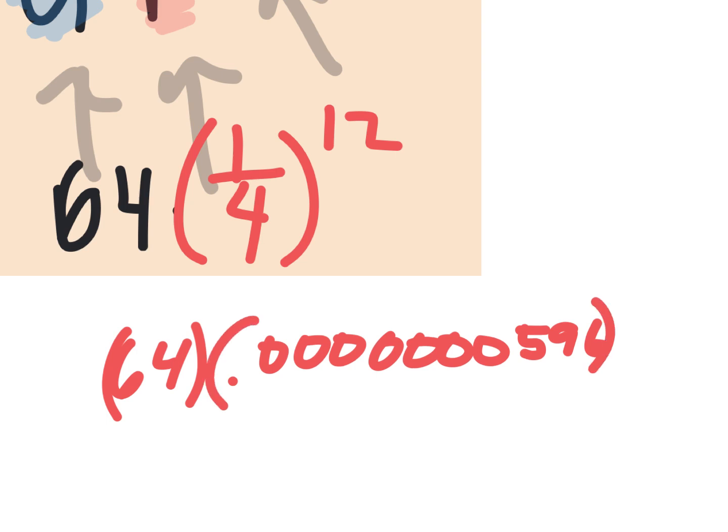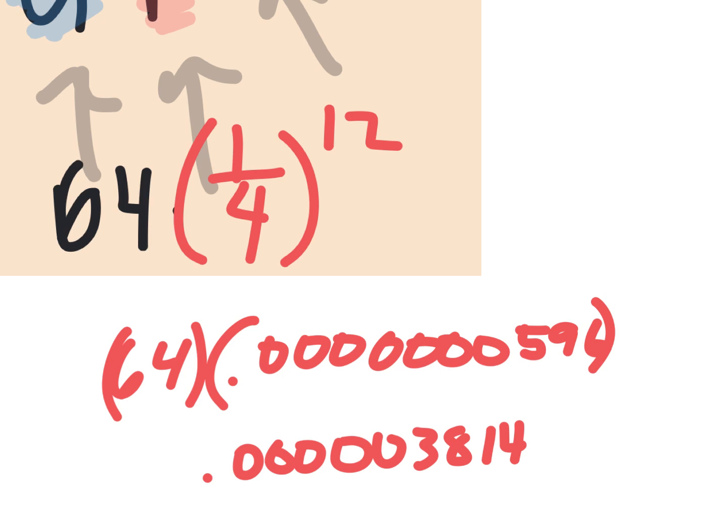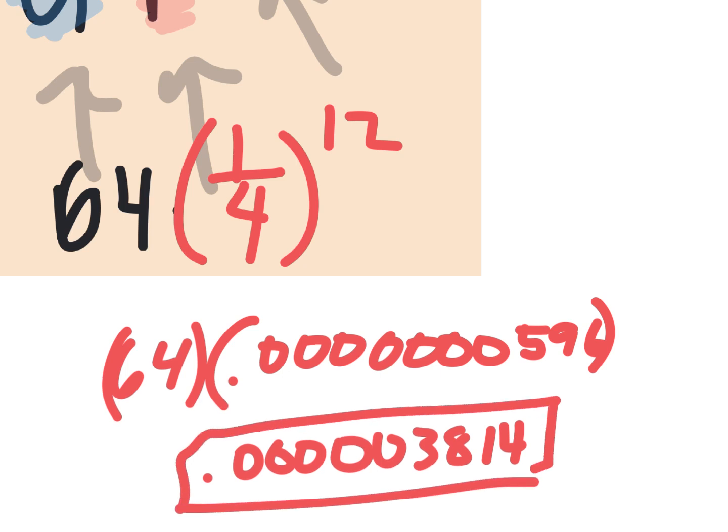What is that answer times 64? 0.00005038814. Well, my calculator says that. I could believe it if we rounded slightly differently and you had a different number at the very end. Nasty, but not incredibly hard if you use the formulas.